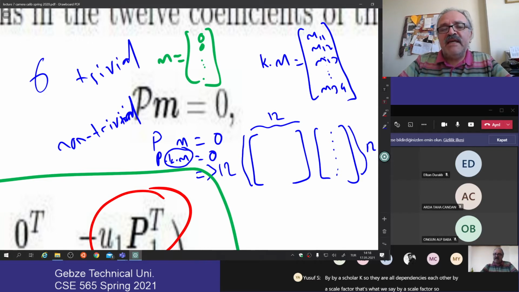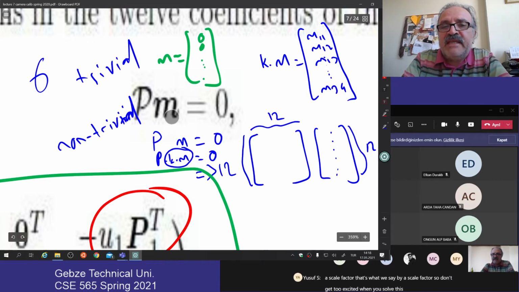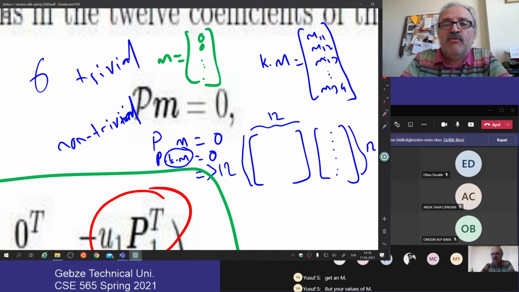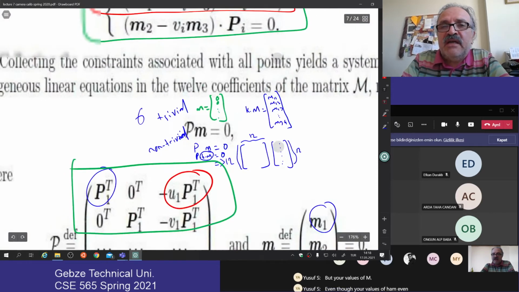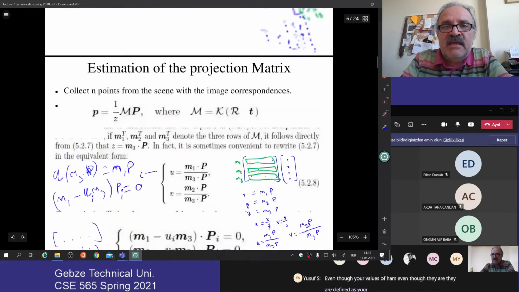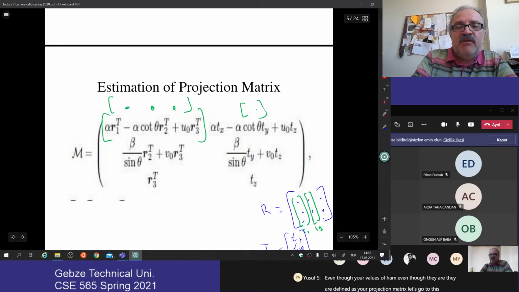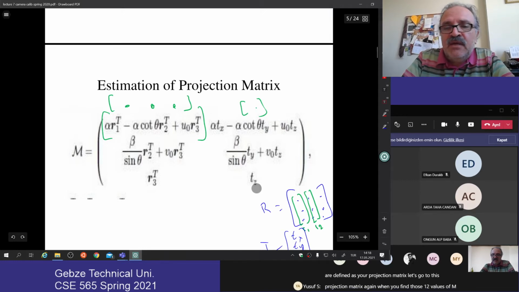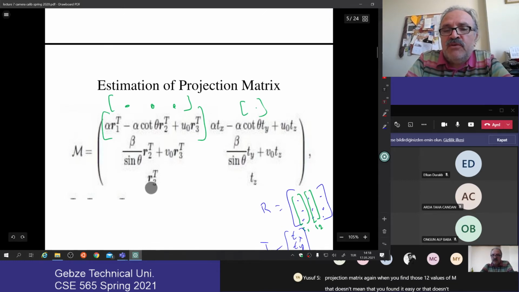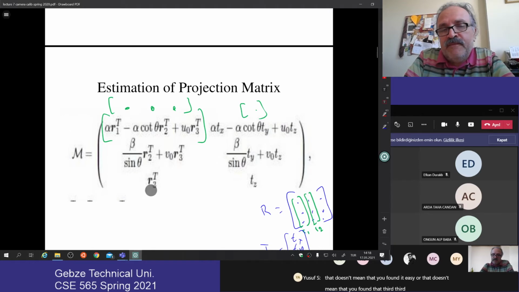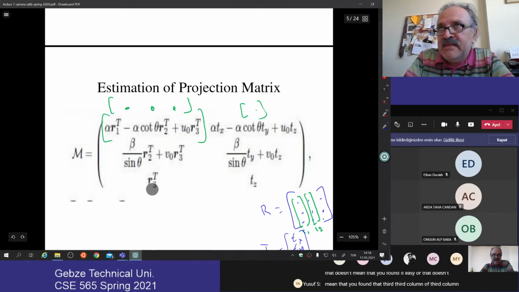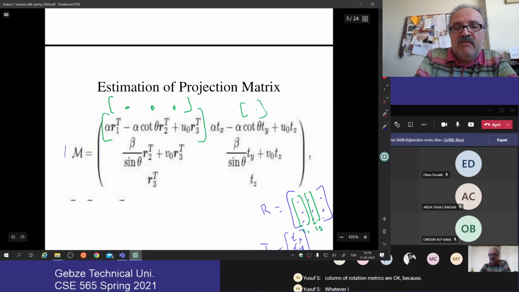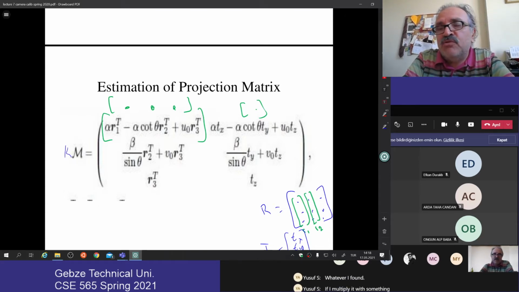So don't get too excited when you solve this equation. You will get an M, but your values of M are defined as your projection matrix. Let's go to this projection matrix again. When you find those 12 values of M, that doesn't mean that you found TZ, or that you found the third column of rotation matrix R. Because whatever I found, if I multiply it with something K, is my solution again.